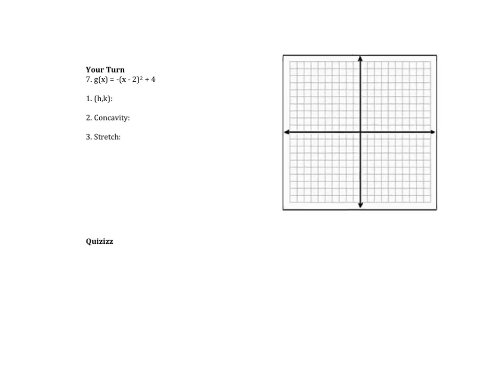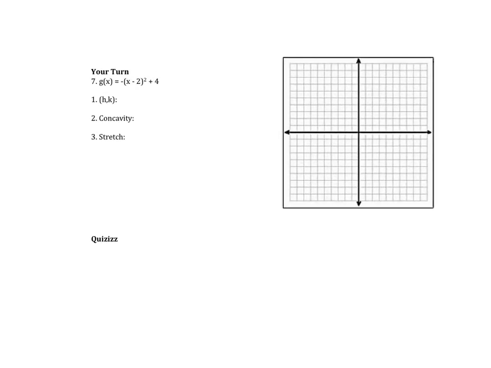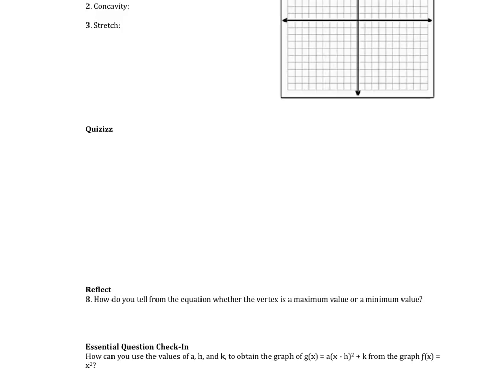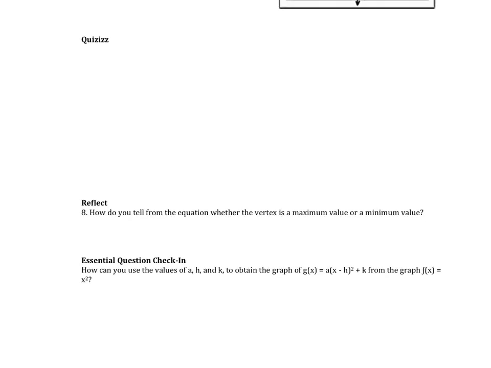All right, your turn to work on a problem here, and we'll discuss this one when we come back into class. And then you have a quiz to do. Do not forget to complete that so you get full credit on your notes on this one. And then a little reflection question. I want you to answer, how do you tell from the equation whether the vertex is a maximum or minimum value?